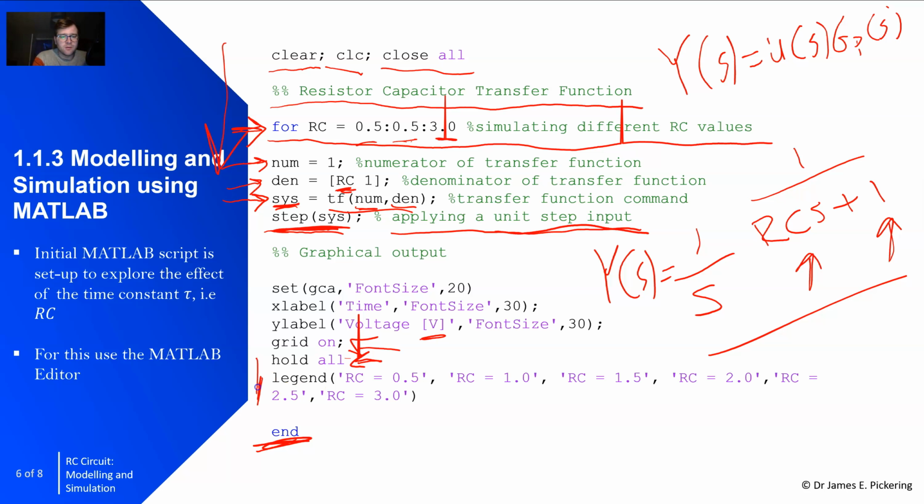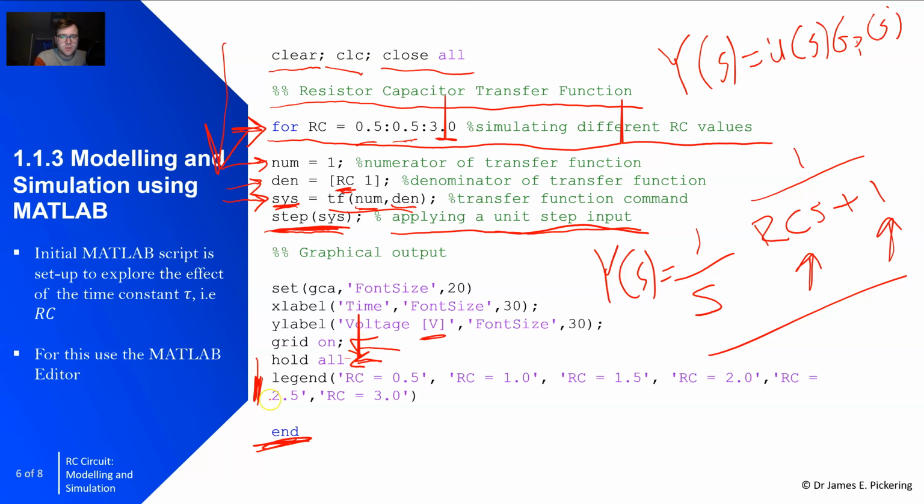Then here I've got this command called legend. This is going to put a legend so that I know what graphical output in terms of system response corresponds to what RC value. So in this case, you can see RC equals 0.5, 1, 1.5, 2, 2.5, and 3. You've got to do it in these little quotation marks with a comma there.